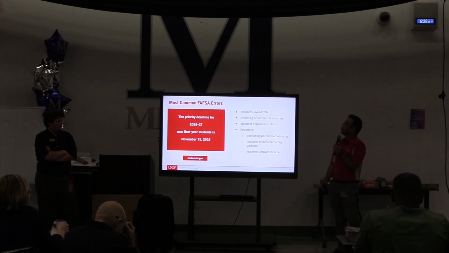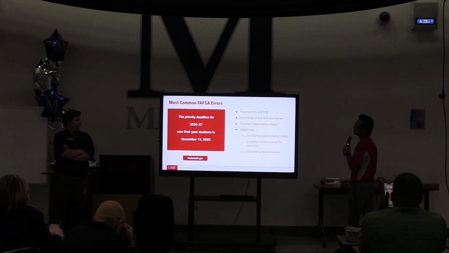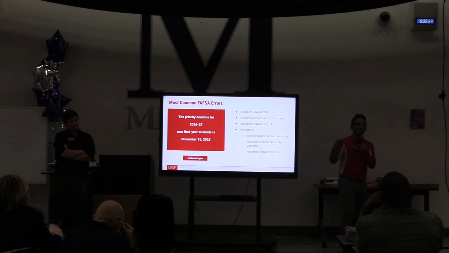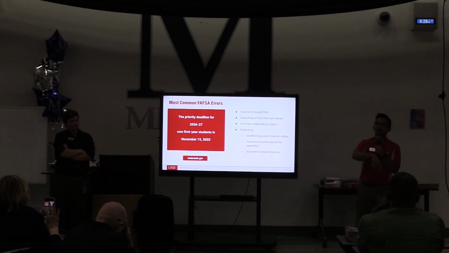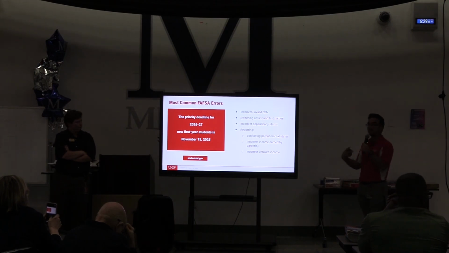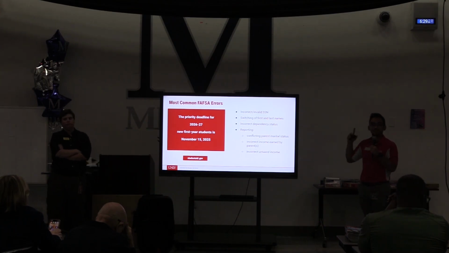Okay, some common FAFSA errors, I see this almost every day in my office. Sometimes students put the wrong social security number in, whether it be the FAFSA or their UNLV account. Very common mistake. UNLV or any school will not receive your FAFSA if your social is wrong.